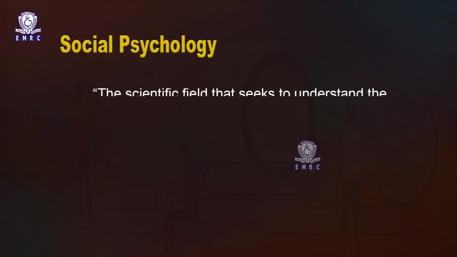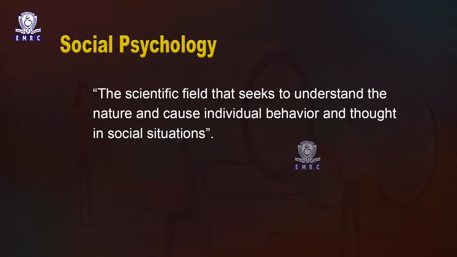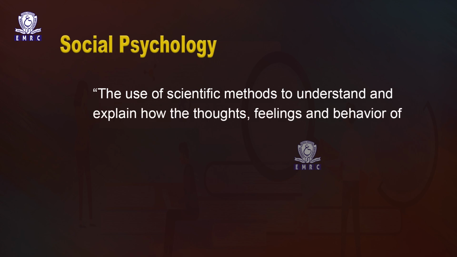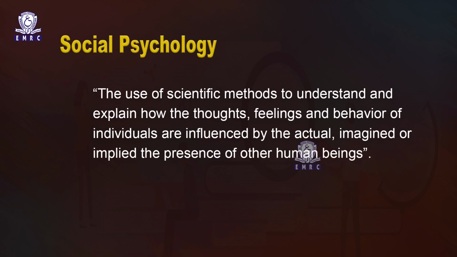The scientific field that seeks to understand the nature and causes of individual behavior and thought in social situations is known as social psychology. Similarly, according to Gordon Allport, social psychology is the use of scientific methods to understand and explain how the thoughts, feelings and behavior of individuals are influenced by the actual, imagined or implied presence of other human beings.